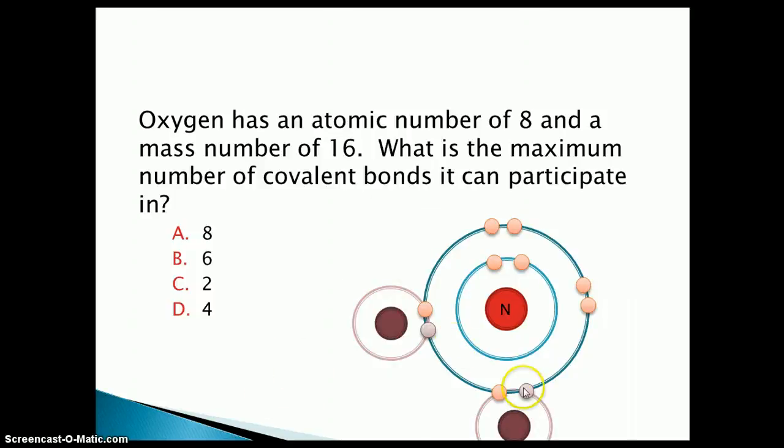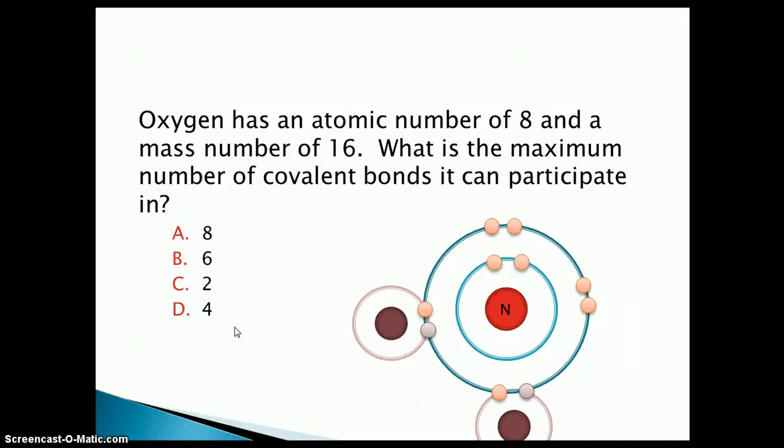If we brought in these 2 hydrogen atoms to make water, they share these electrons, and now this oxygen has 8 electrons in its outermost shell. So the answer to this question would be C, 2. It can covalently bond with 2. The maximum number of covalent bonds is 2.